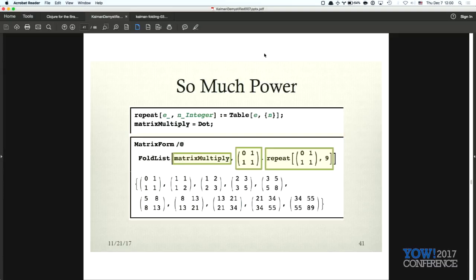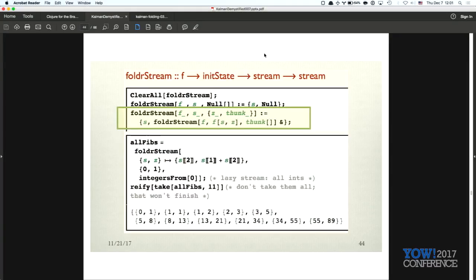Observation, state, state. Initial state, just my base matrix, and then a repetition of that matrix 9 times. That's a fold list. How about fold stream? A stream is an abstraction for infinite data. So it's kind of halfway between lists in memory and asynchronous data coming in on the wire.